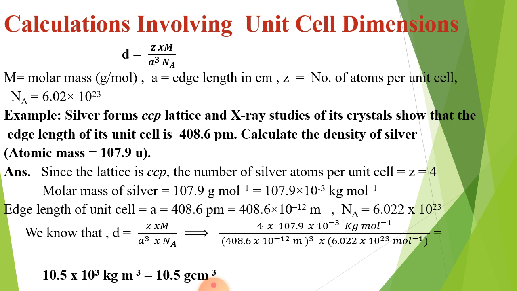Now we know the density formula, and we put the values like this: Z equal to 4, then atomic mass in kg per mole, a cube, 408.6 into 10 to the power minus 12 meter whole cube, and Avogadro number. Solving this, we get the answer 10.5 into 10 to the power 3 kg per meter cube, or in gram per centimeter cube it becomes 10.5 gram per centimeter cube.